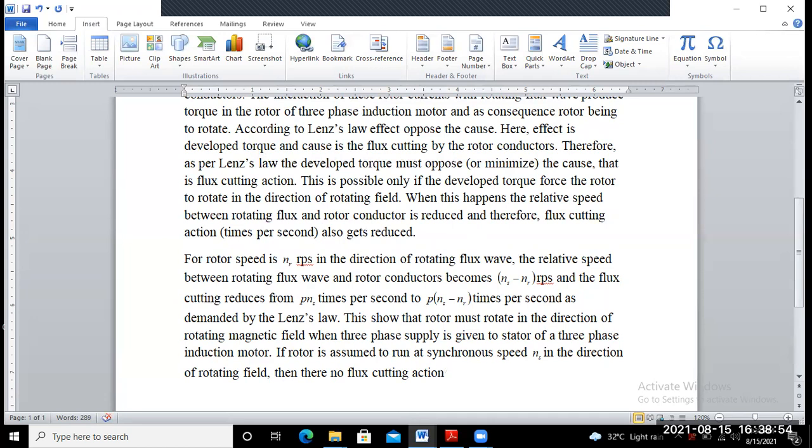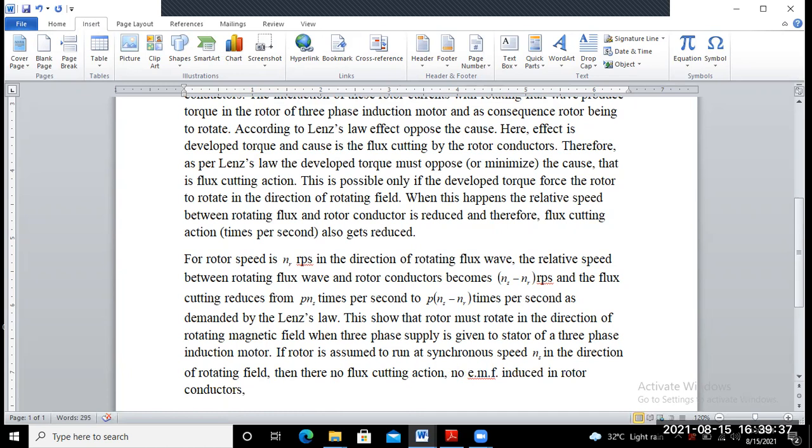So no flux cutting action means no EMF induced in the rotor conductors. You know, so no EMF induced in the rotor conductors.